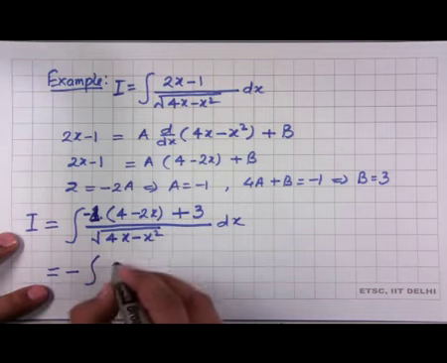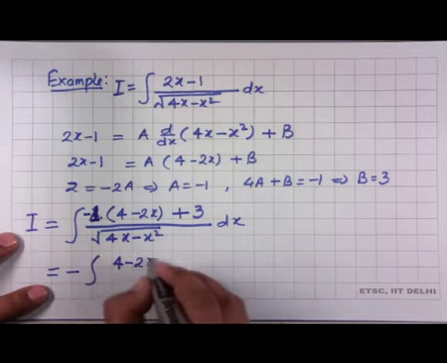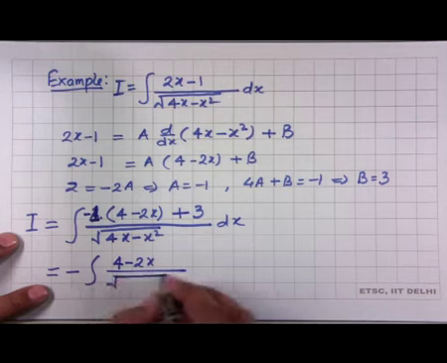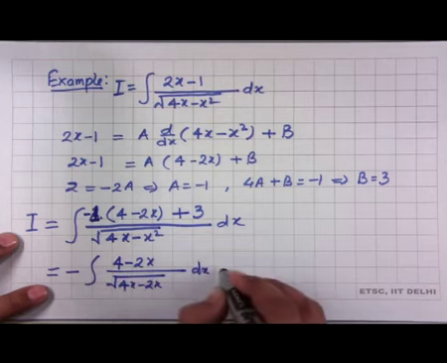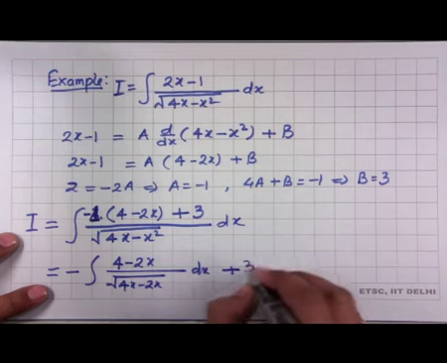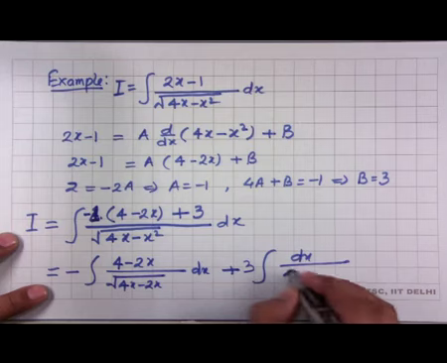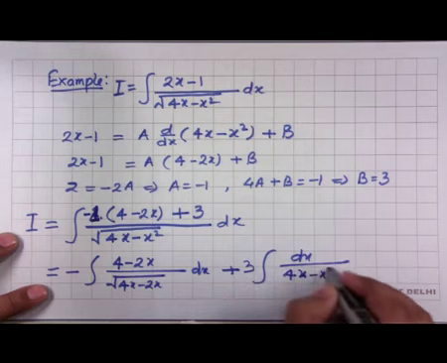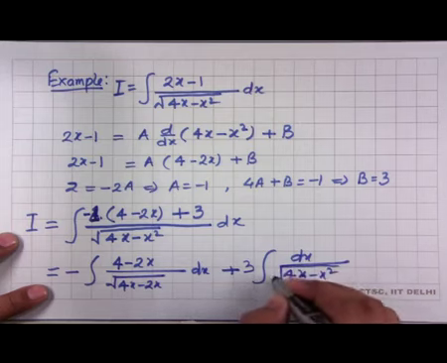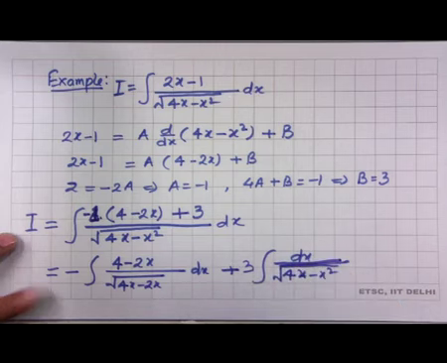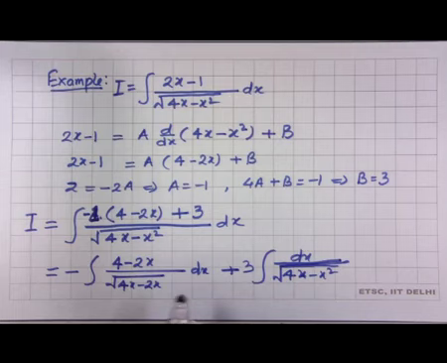I can write it as minus the integral of 4 minus 2x divided by square root of 4x minus x squared dx, plus the next term, 3 times the integral of dx over square root of 4x minus x squared. Look at these two parts here.